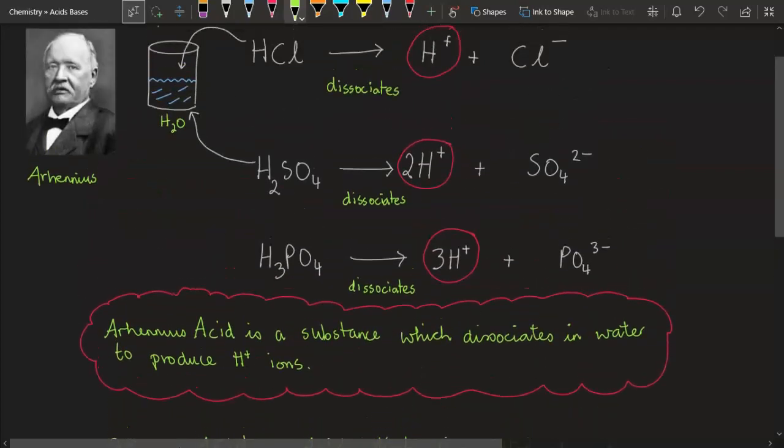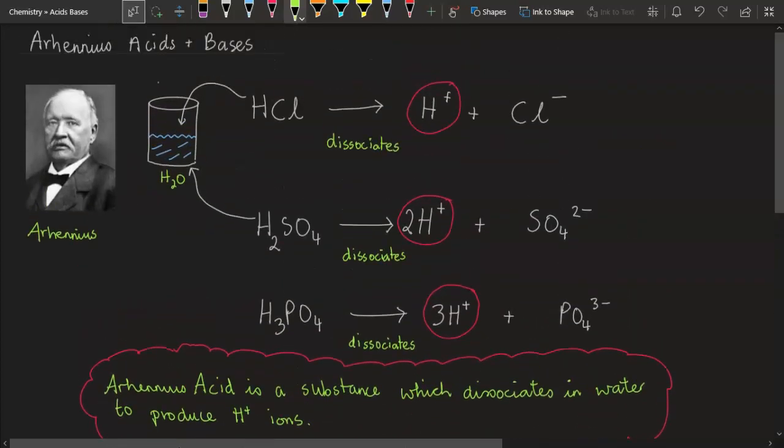Well, if you look up here, when you pour hydrochloric acid into water, you're not just getting one molecule of hydrochloric acid, you're getting hundreds of millions of molecules. So each one of those molecules is going to dissociate.